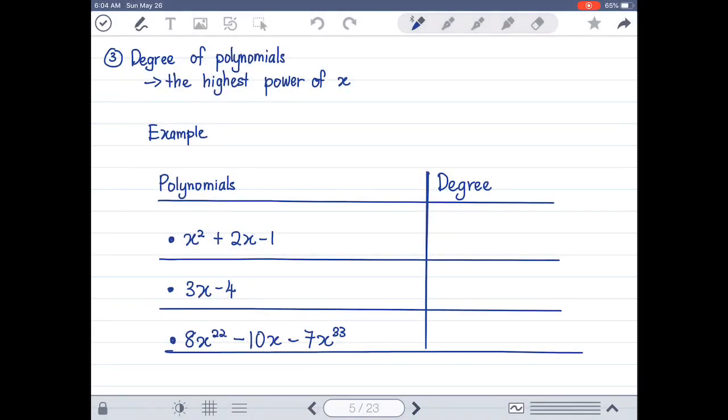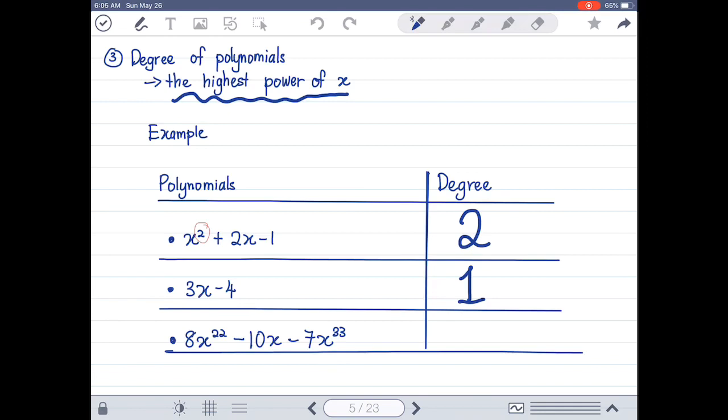Now let's have a look at the degree of polynomials. If you want to know the degree of a polynomial, we always refer to the highest power of x. For example, we have examples of polynomials here. The first example, x squared plus 2x minus 1. Since the highest power of x is 2, the degree of the polynomial is 2. For the second example, the highest power of x is 1, so the degree of the polynomial is 1.